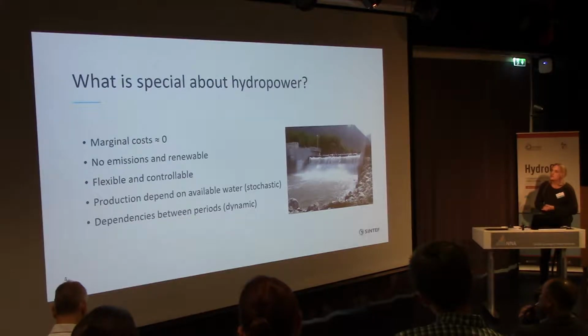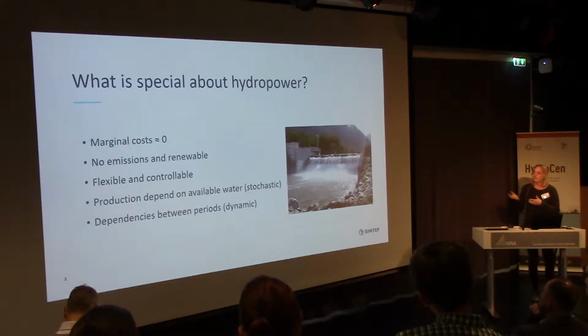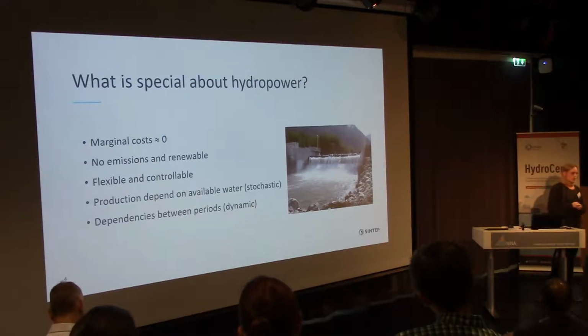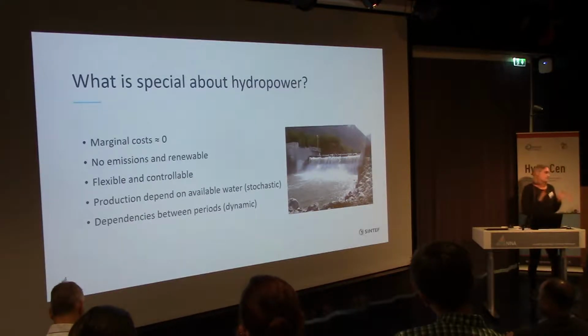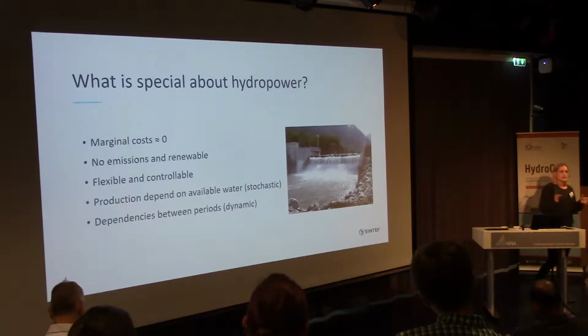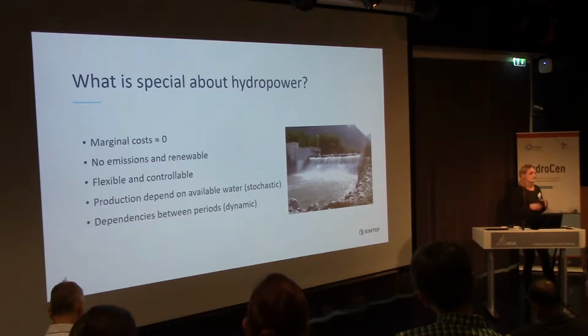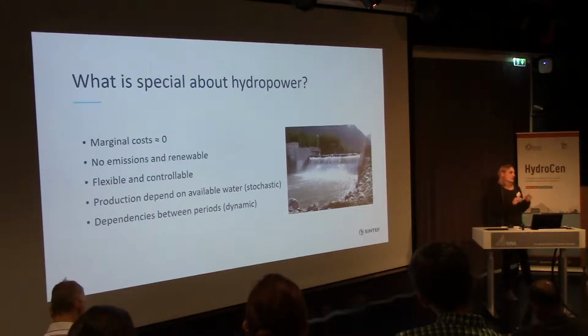So what is special about hydropower? Well, we have a marginal cost approximately equal to 0. We don't have a fuel cost, at least. And we have no emissions, and it's renewable, flexible, and controllable. So it's perfect, right? Well, it is very, very good, but we are dependent on the available water.